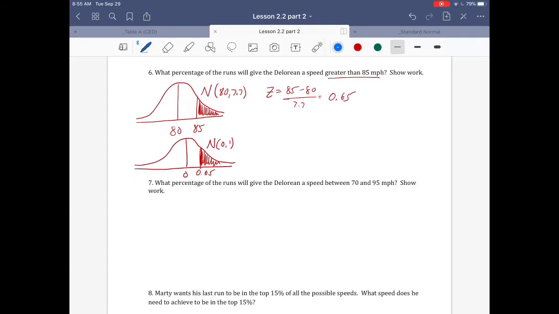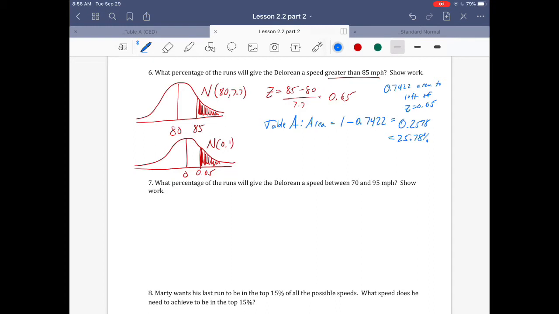But remember, 0.7422 is the area to the left of z equals 0.65. So what do you want to do? From Table A, you want to do the area equals 1 minus 0.7422, which is equal to 0.2578.